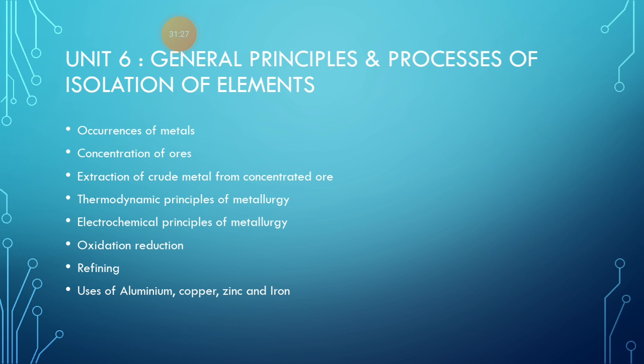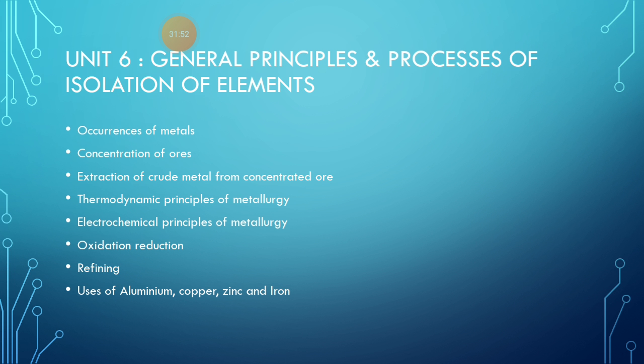That is the thermodynamic principle. And some metals are extracted by electrochemical methods, what we have learned in electrochemistry, that is electrolysis. So how electrochemistry is used in metallurgy, in the isolation of metal, we are going to learn here.